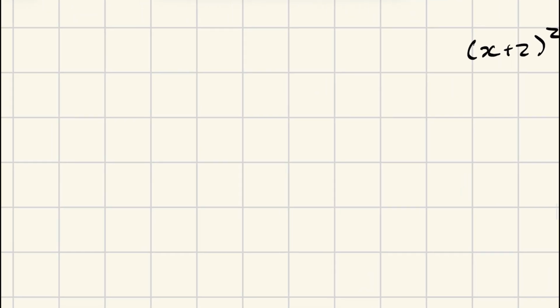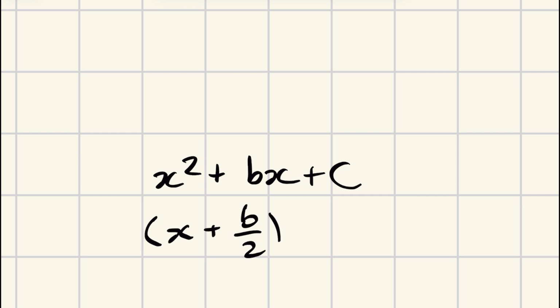So just remember, if you have anything of the form x squared plus bx plus c, so when this number is specifically 1, your first step should always be to write that. Now, be careful, if this is a minus, this will also be a minus. Your next step will be to figure out what to add or subtract here.